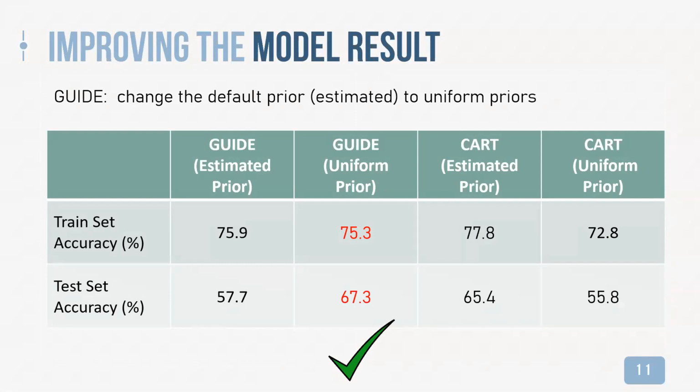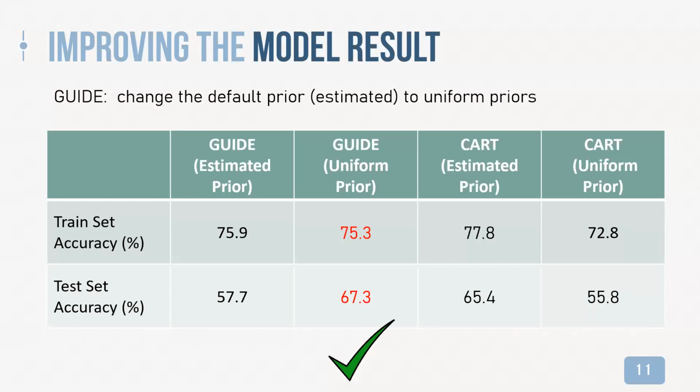If you use the estimated prior, unless the prior is some kind of a penalty for certain classes, and you don't have a clear idea what to do here, I would suggest that you just go with the uniform prior.